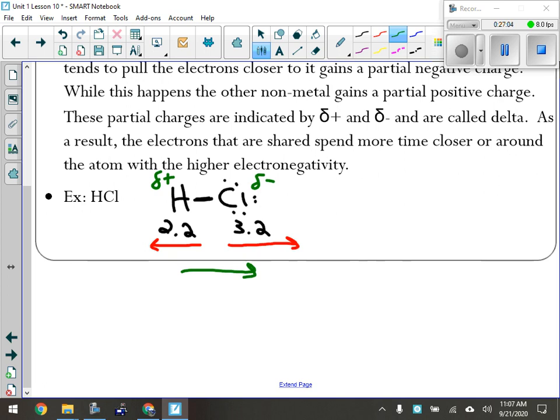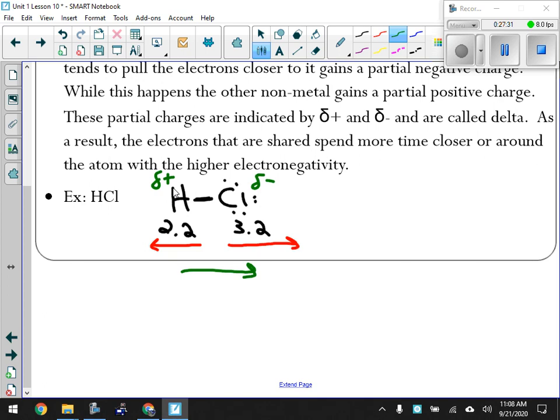The difference here is not enough to make it ionic. It's not enough to take that electron. They're still sharing them, but we're not sharing them equally. It's kind of like in the sandbox when your mom tells you that you've got to play with the other kid and share the toys, and then you spend most of the time with the toy, push it over for a second, and then take it back and play with it for the rest of the time.